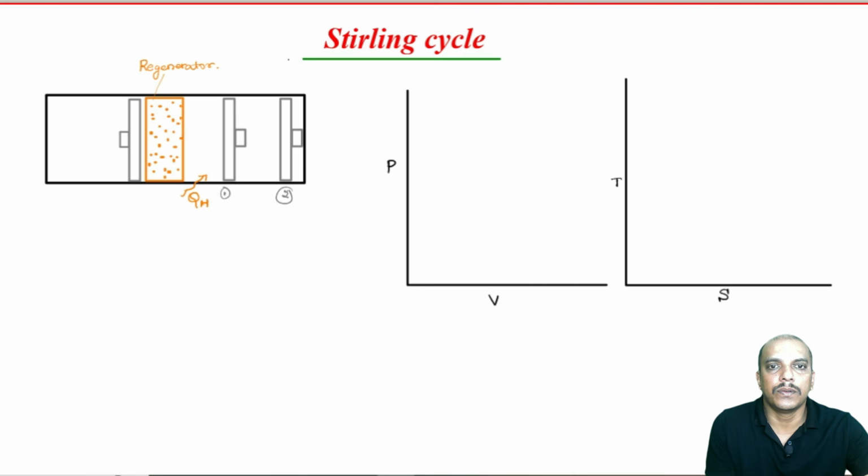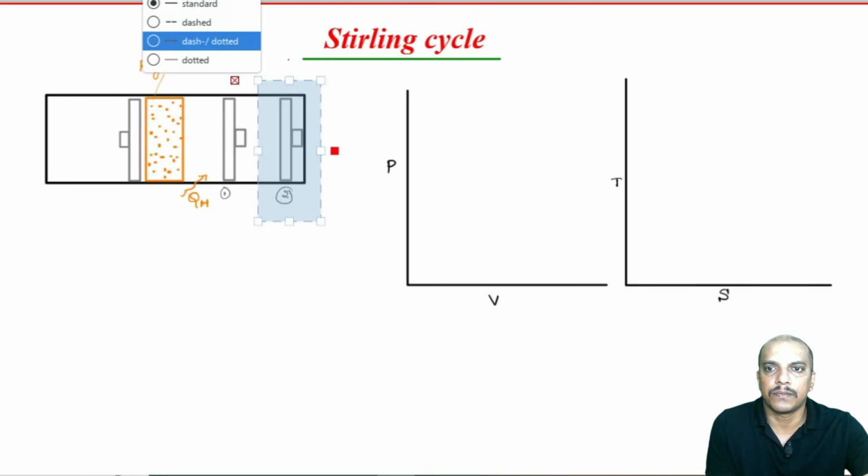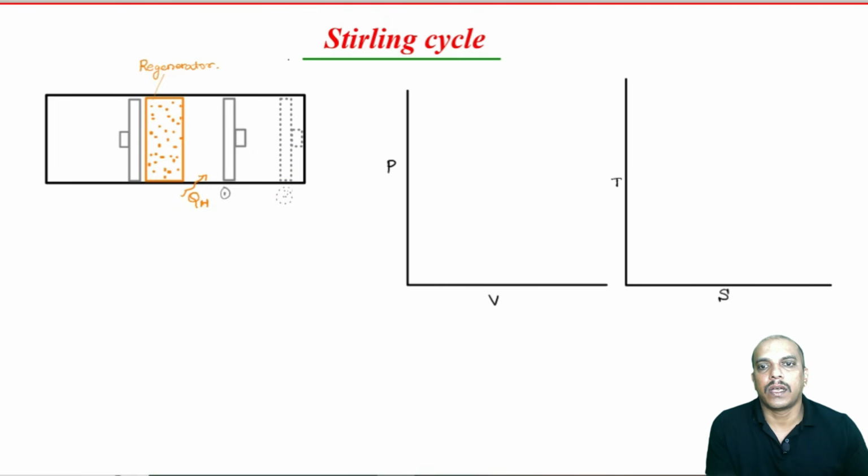Now, this state 2 has to be represented in PV and TS diagram as well. I just tried to represent this in a dotted line. So, this is our state 2. So, heat addition is happening isothermally.